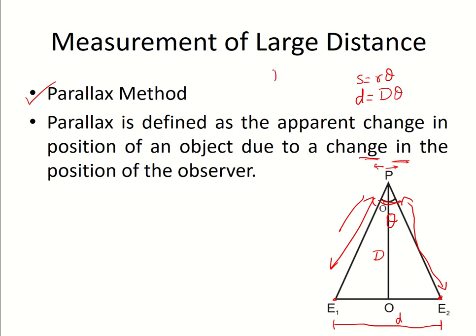So to calculate the distance, we use this formula D equals d by theta. If you know the distance between E1 and E2, which you will know because that is the distance between the eyes, and the angle that is being formed, that will give you the distance from here to here.